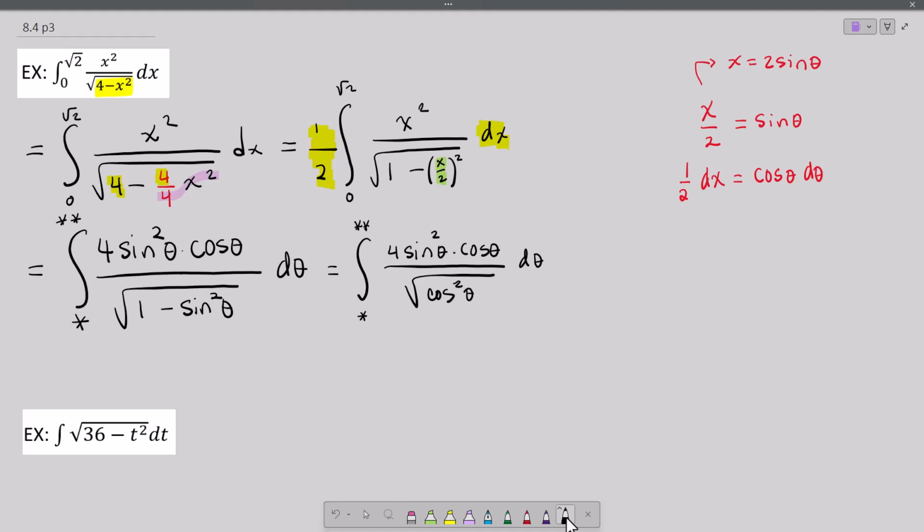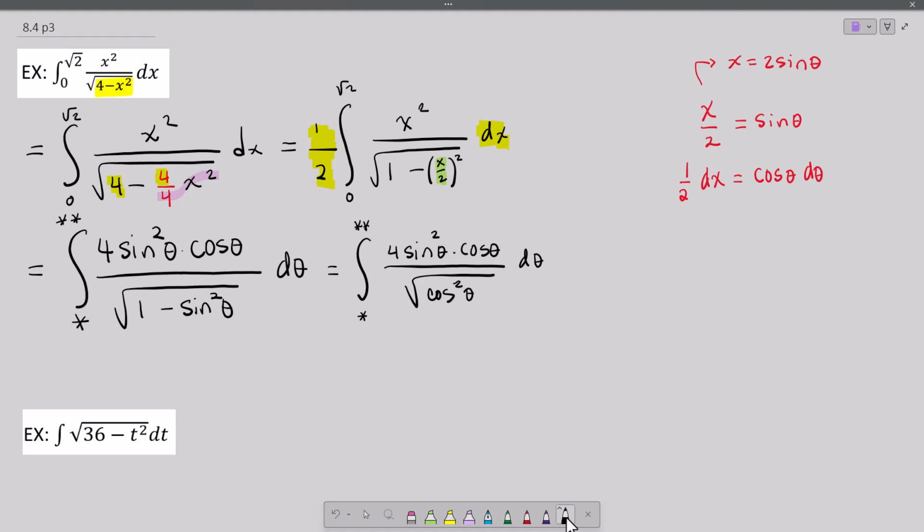And when we look at these limits of integration, you see that x is between 0 and root 2. So if you come over here, if x is between 0 and root 2, we would have that sine of theta is between 0 and root 2 over 2. So what quadrant are we in? 1.